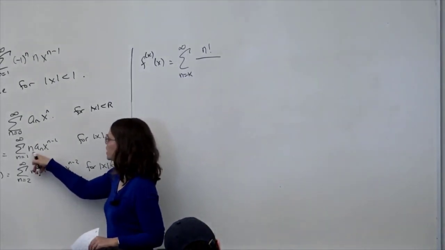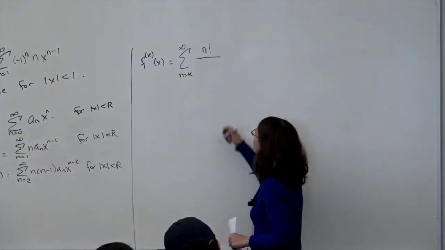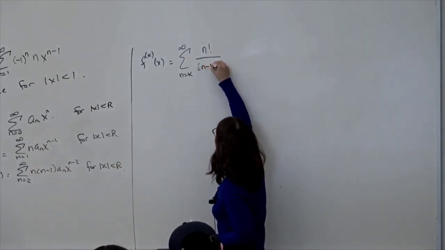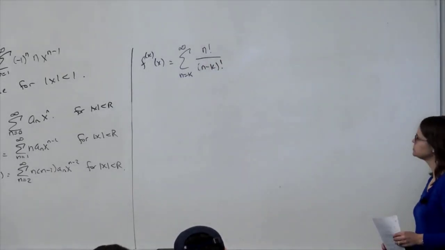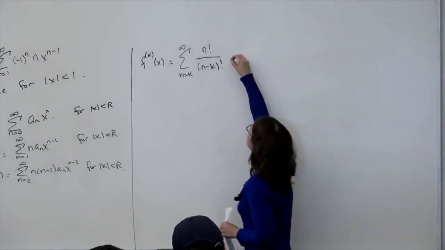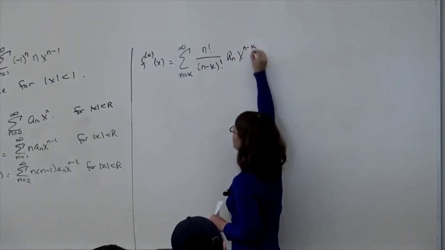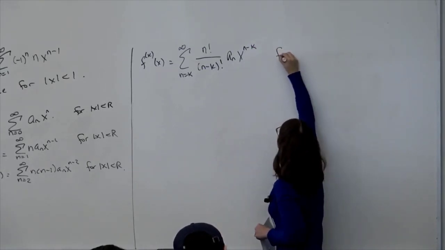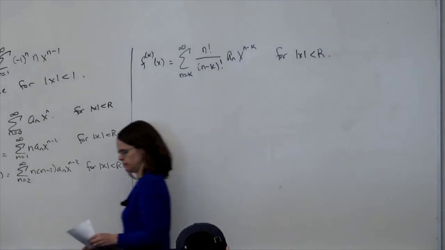Here, if I had an n factorial, everything from n-1 and beyond shouldn't be. In general, everything from n-k and beyond shouldn't be there. a_n stays put, and x to the n-k is here. And this still converges to the radius of convergence.